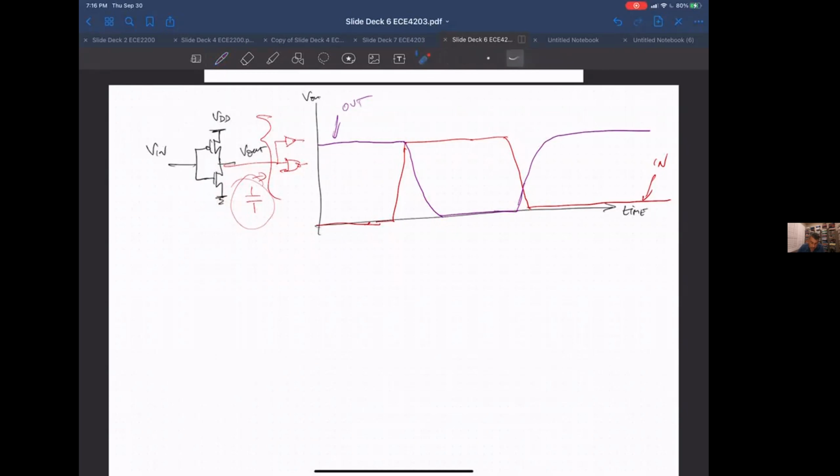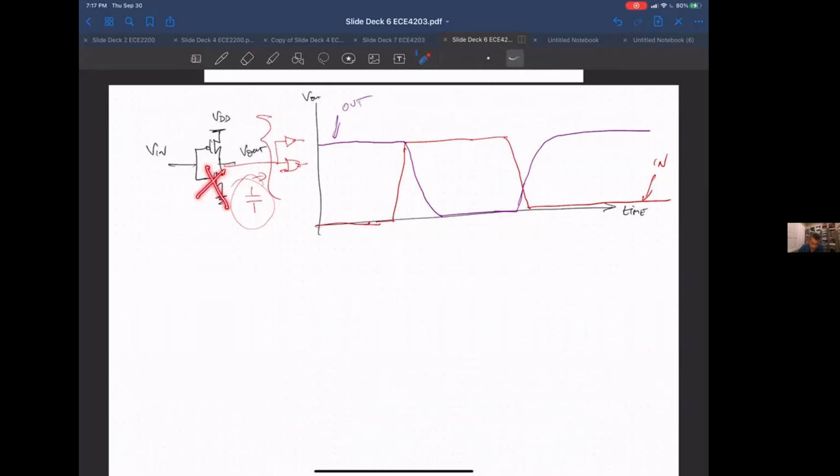Okay, so the on currents matter here and here. Why do they matter there? Because here the NMOS is off. Here VN is 0, so VGS for this NMOS is 0.